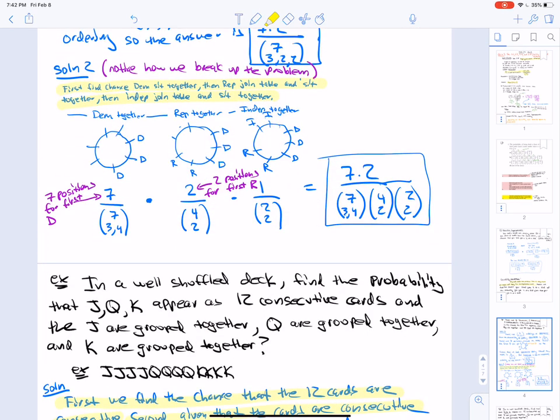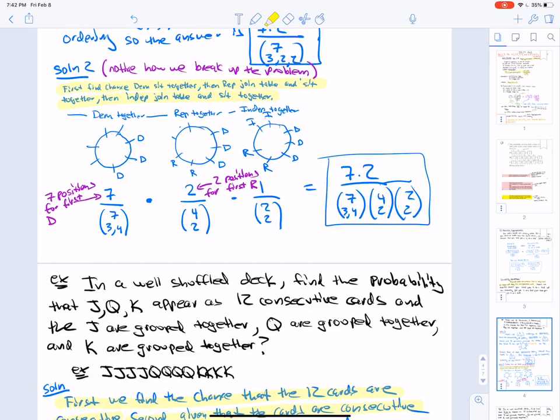Let's find just the chance that the Democrats sit together around the table and not worry about the other non-Democrats. So the chance that the Democrats sit in the first 3 seats would be 1 over 7 choose 3, 4.